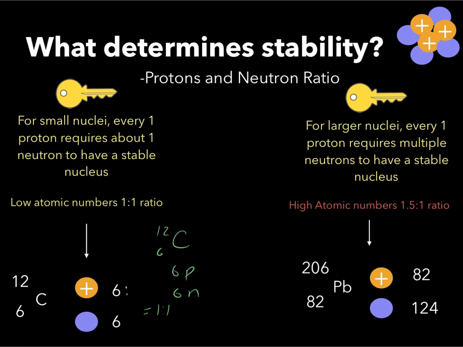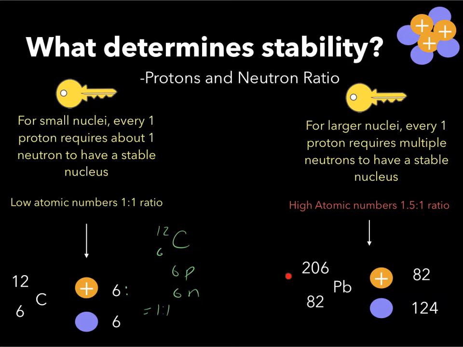Our key point on the right side is what happens when we have larger nuclei, where we have multiple protons and multiple neutrons. That ratio changes a little bit because now we have higher atomic numbers. For larger nuclei, we have a ratio of 1.5 to 1.